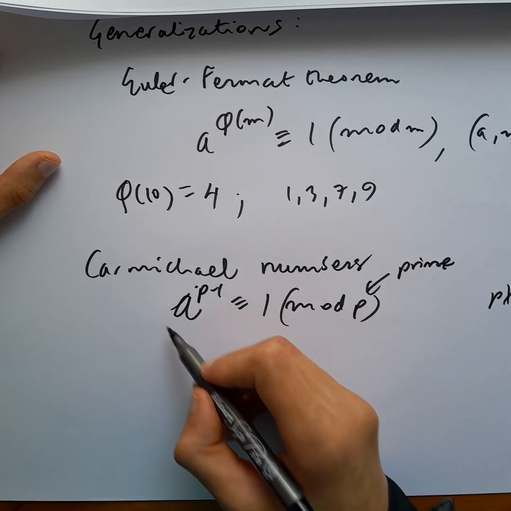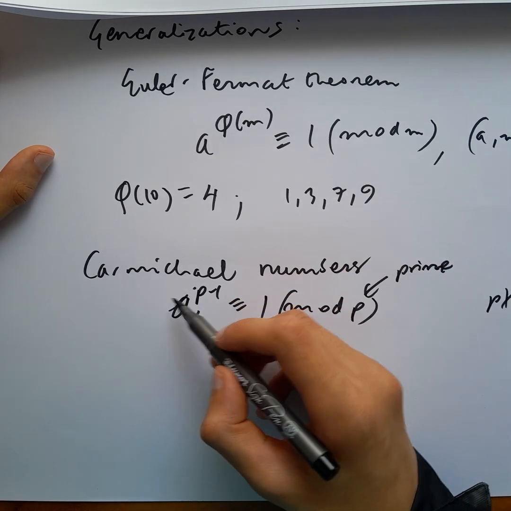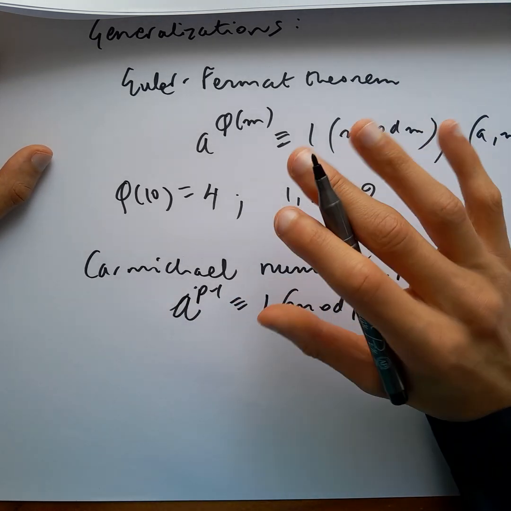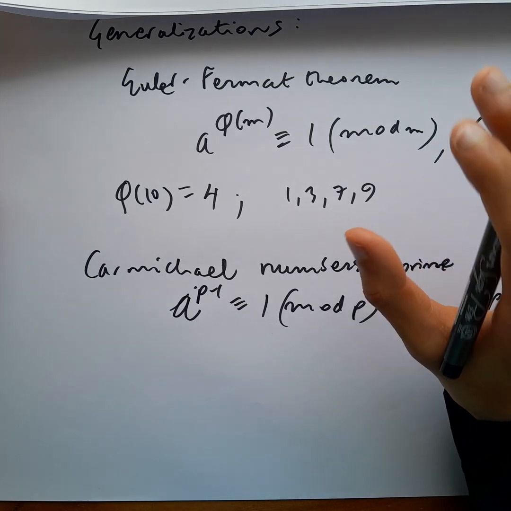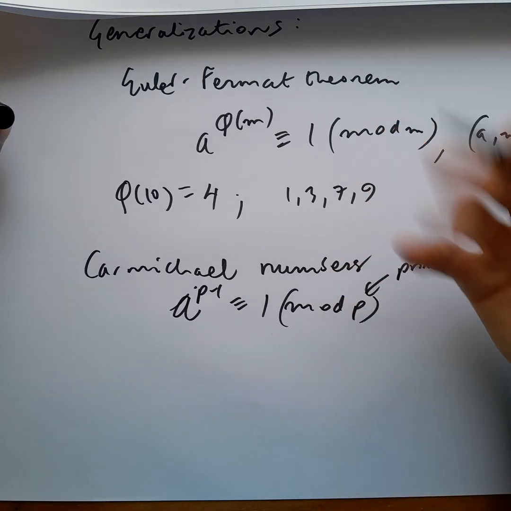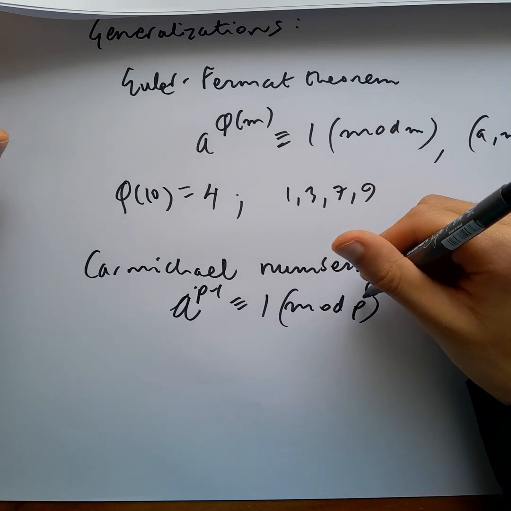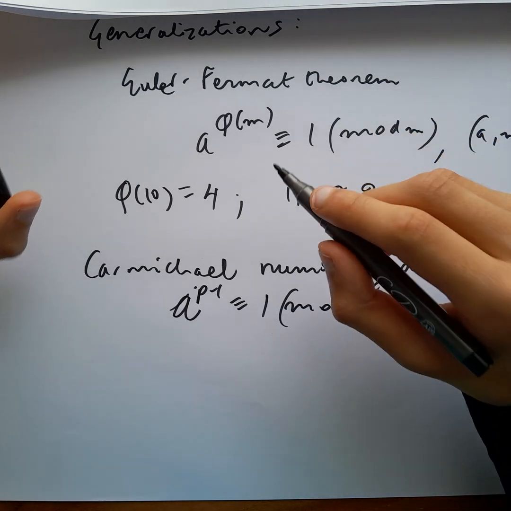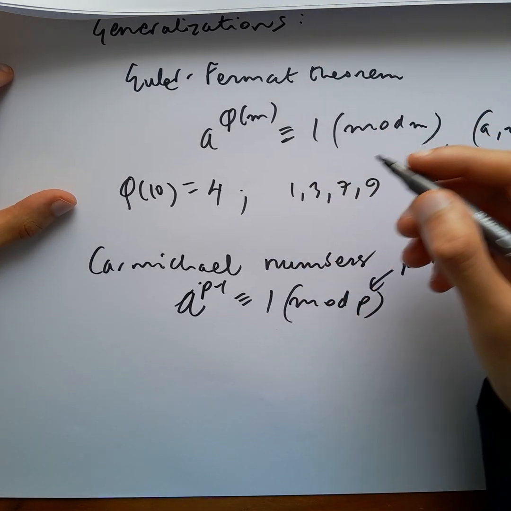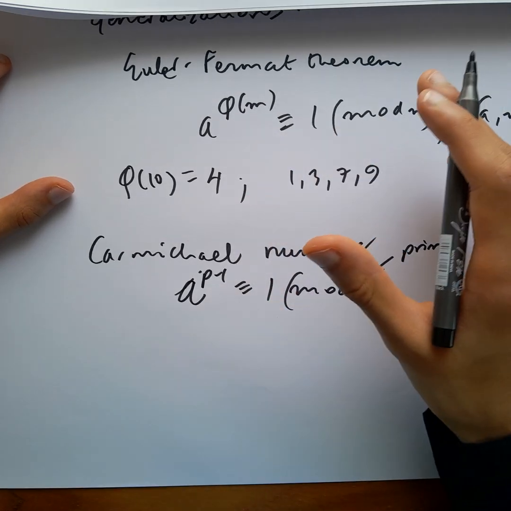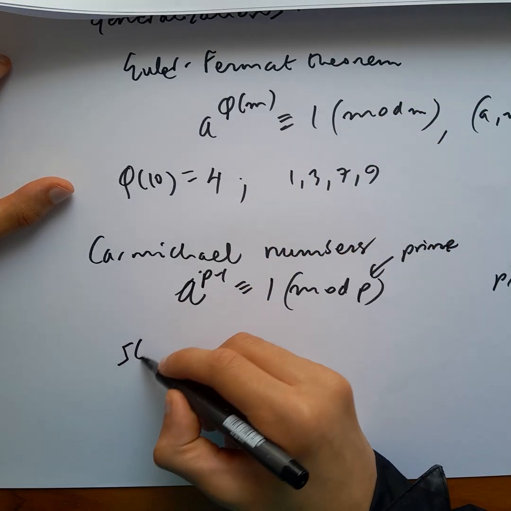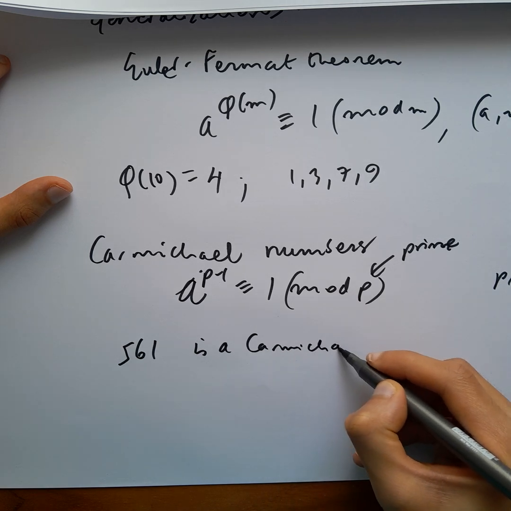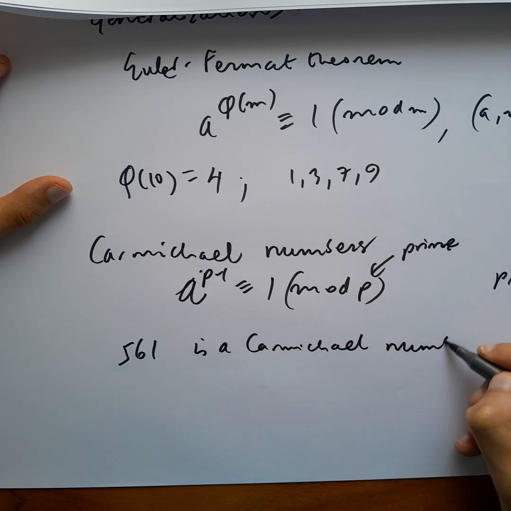We can ask if a similar equation can hold for all integers a, but where p is not necessarily prime. And it can happen, of course, that p is composite, and then we call p a Carmichael number. So we'll show that 561 is a Carmichael number. It is actually the smallest Carmichael number.